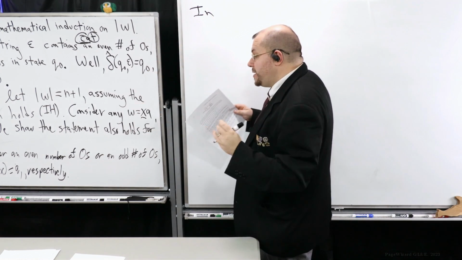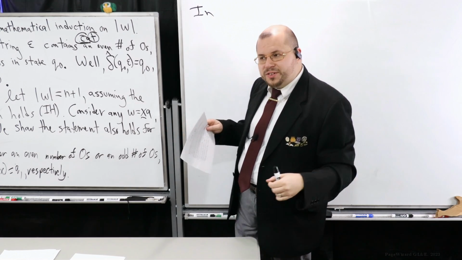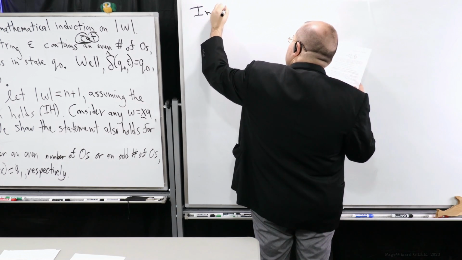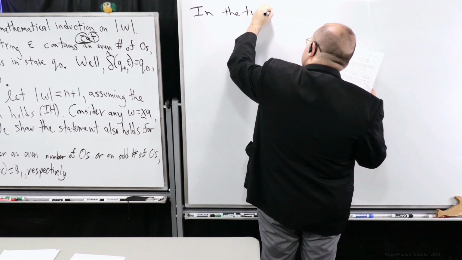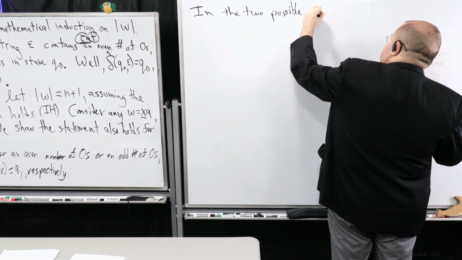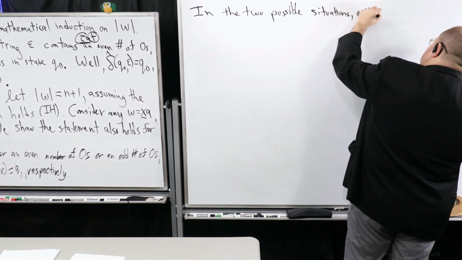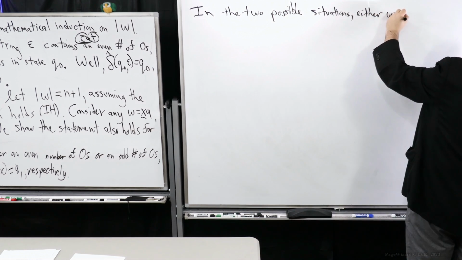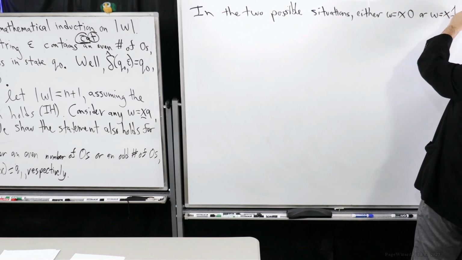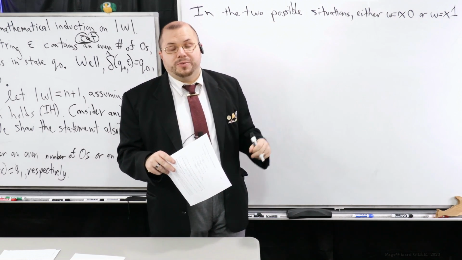We end up in Q0 if we have an even number of zeros in X. We end up in Q1 if there's an odd number of zeros in X. So in the two possible situations, it's going to be either W is equal to X0 or W is going to be equal to X1. Those are the only two possibilities that can happen for W at this stage.